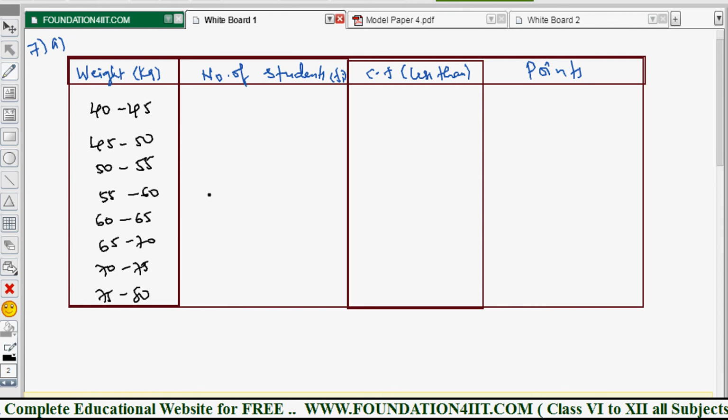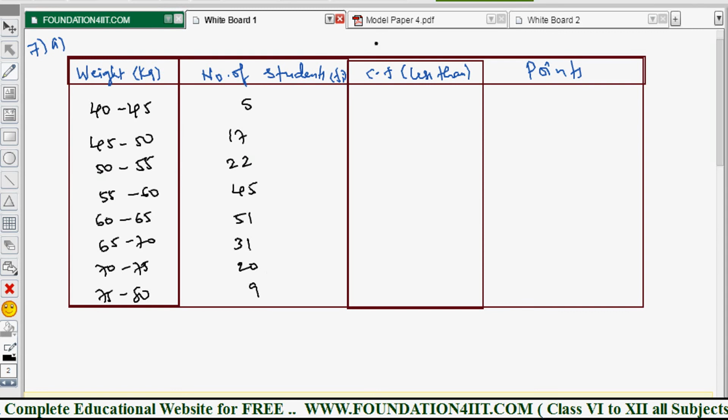The number of students from the question is 5, 17, 22, 45, 51, 31, 29. These are given.